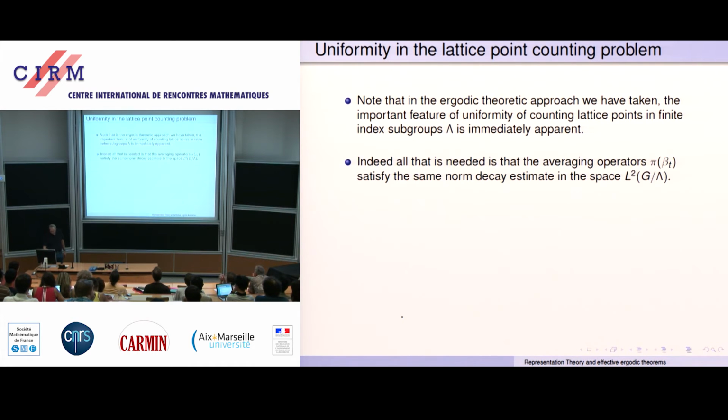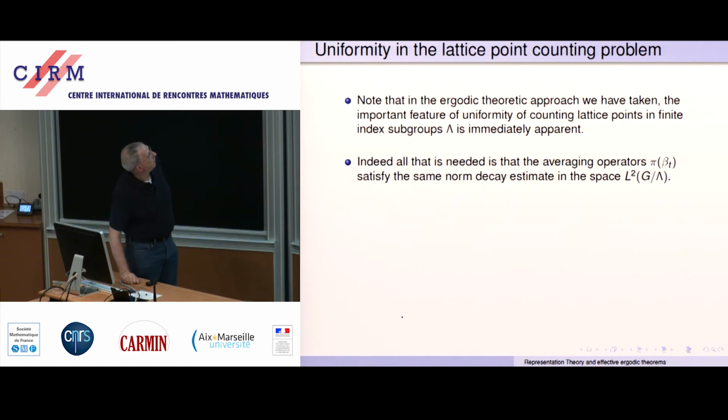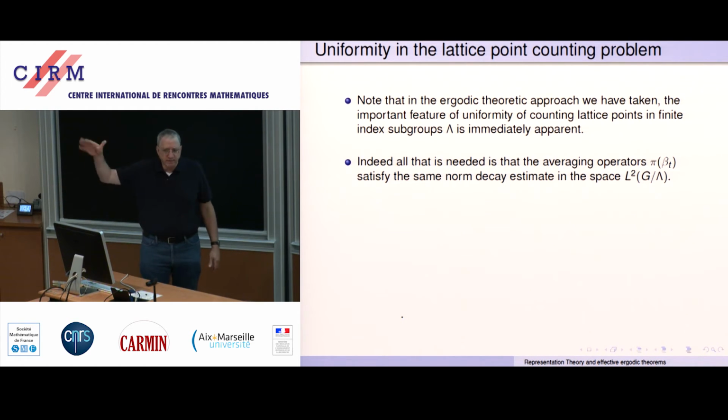And really, all that is needed is that the averaging operators pi beta t satisfy the same norm decay in the space L2 G mod lambda. I'm now ranging lambda over finite index subgroups. Once you have that, you have a certain rate in Chebyshev's inequality, and gamma is completely outside the picture.